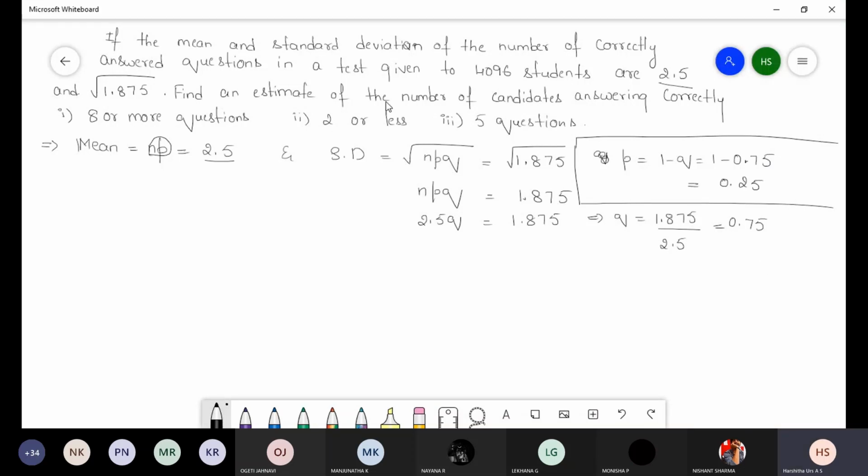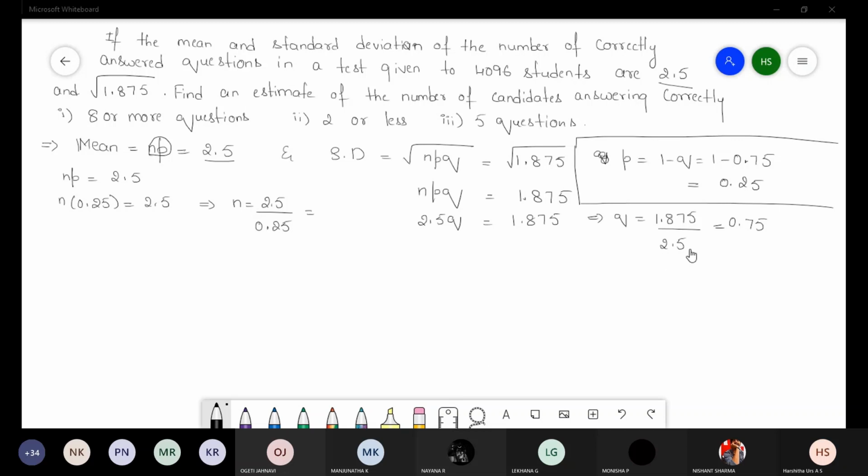We have to find the n value. NP is equal to 2.5, so N into the P value we know, 0.25, is equal to 2.5. So N is equal to 2.5 divided by 0.25. So what is the answer here? 10.